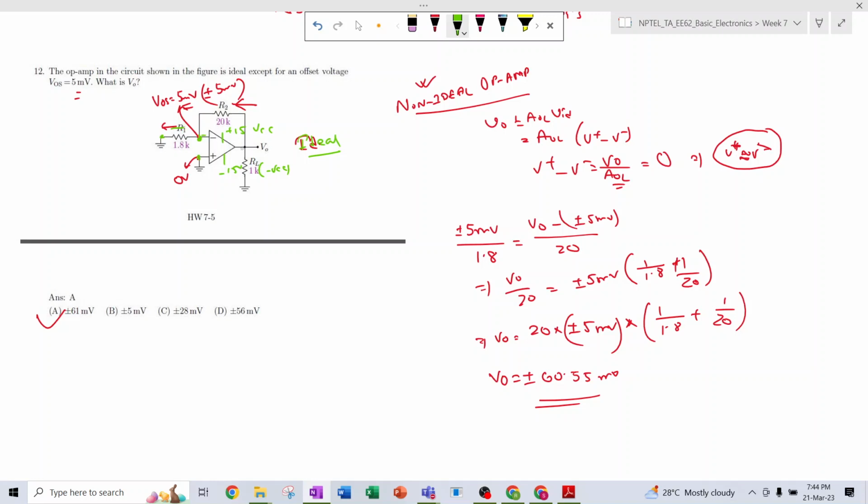If there is no current flowing, there should not be any drop across it. So VO should also be equal to 0. But in the practical scenario, that is not the case because of the non-idealities present, such as offset voltage. Here some plus minus 5 is appearing, and if we just put these resistors in this configuration without giving any input in the inverting or non-inverting terminal, the output VO will be plus minus 61 millivolt.